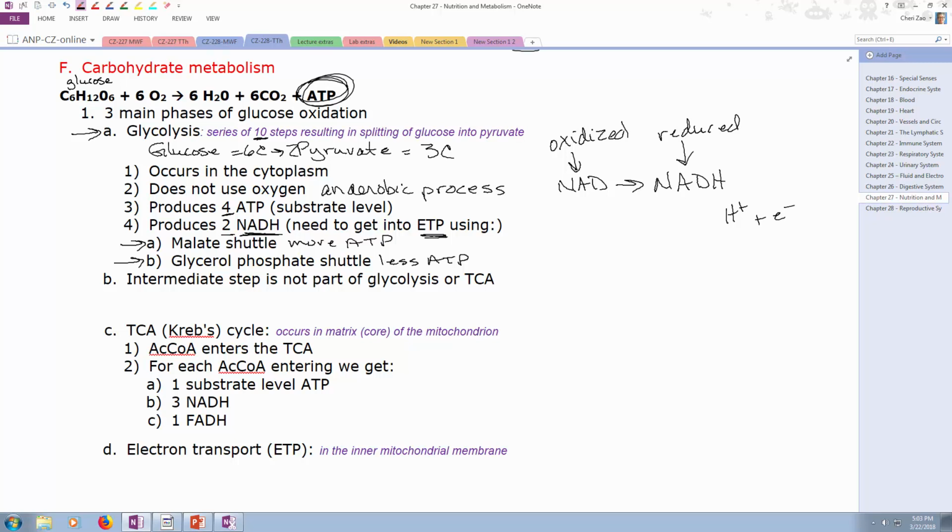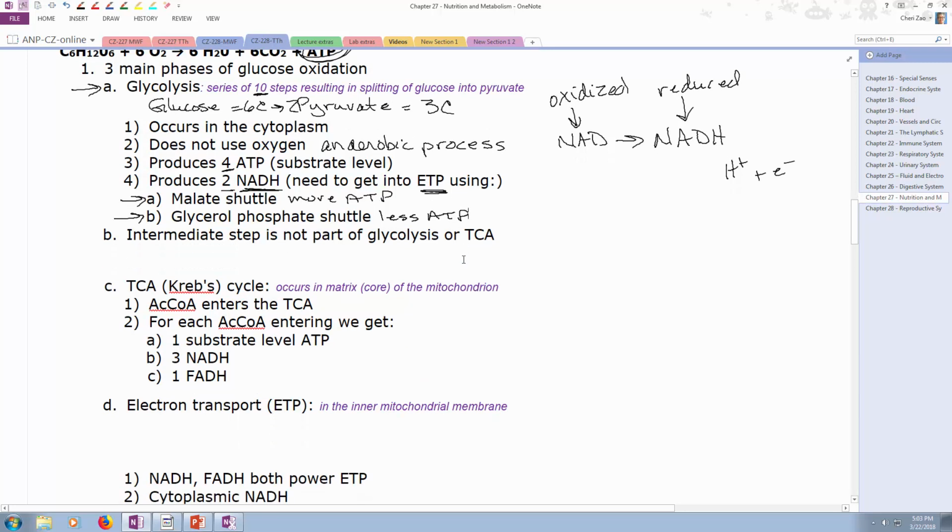Okay. The next thing that we're going to look at is a step called the intermediate step that's not considered one of the main phases of glucose oxidation. So therefore, we say it's not part of glycolysis or the TCA cycle.